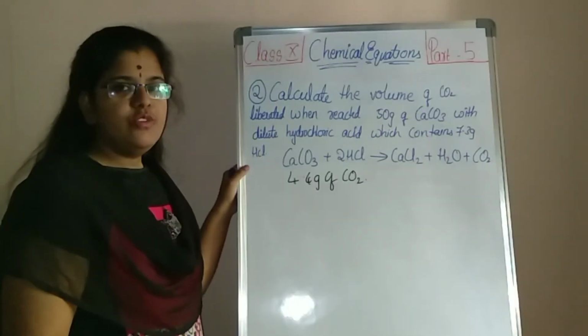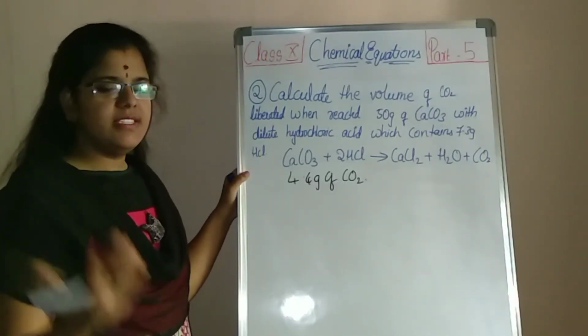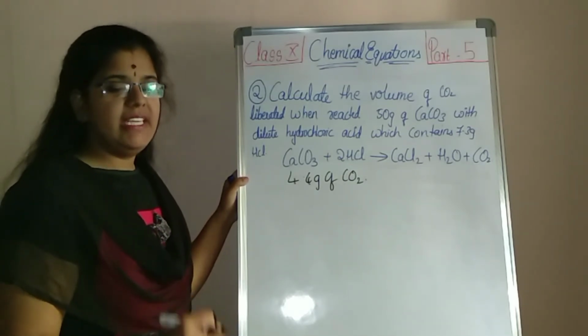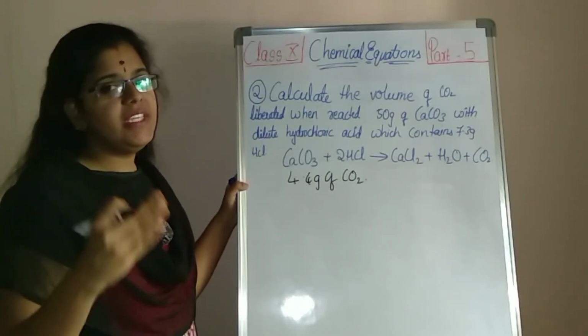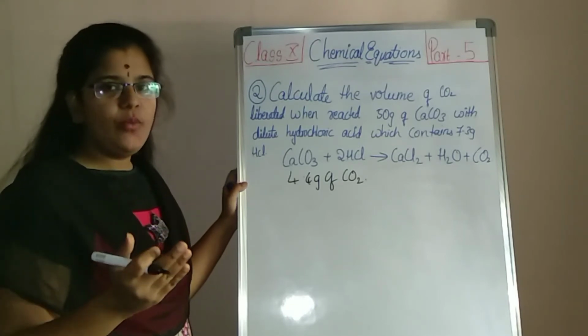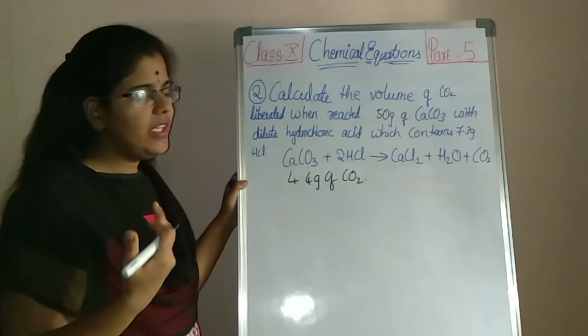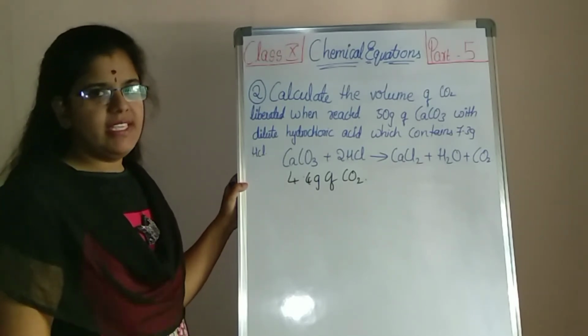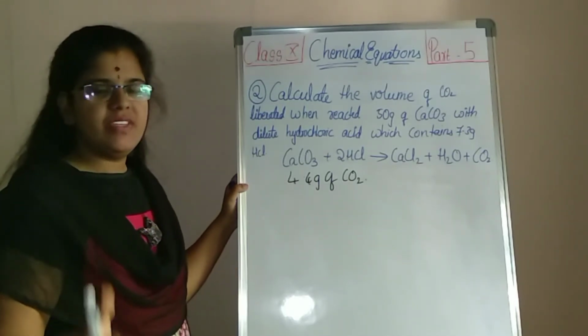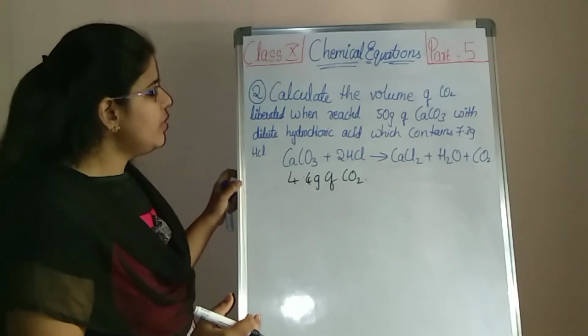Okay, but in the problem they did not ask us the mass of the carbon dioxide. They have asked the volume of the carbon dioxide. So what is volume? The place occupied by a gas or any substance, we say it as volume.